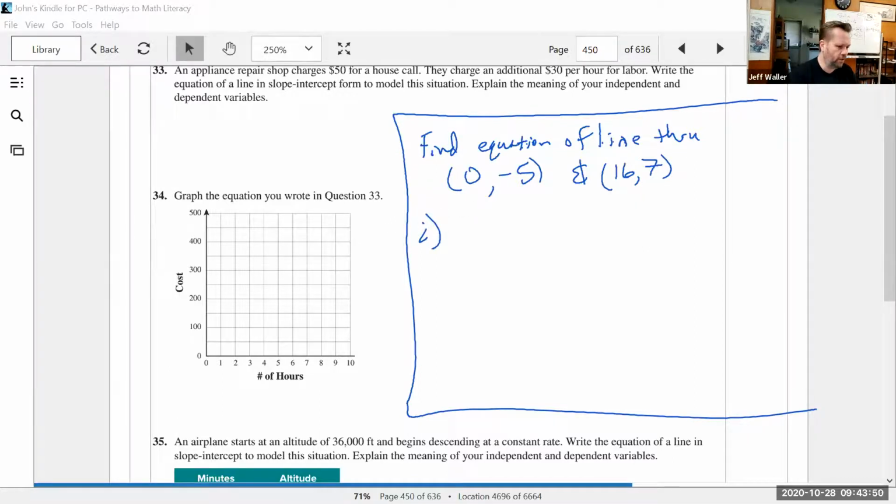So I know I need 2 things, right? I need the slope, I need M, and I need the y-intercept so I can get what B is.